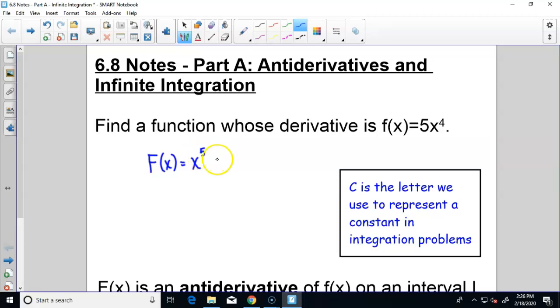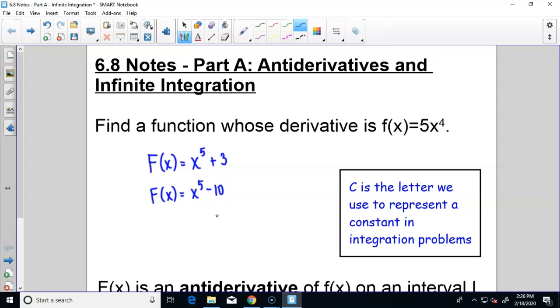What about if I had f of x equals x to the fifth plus 3? What's the derivative of that? That is still 5x to the fourth, right? What about if I had f of x equals x to the fifth minus 10? Still 5x to the fourth, right?